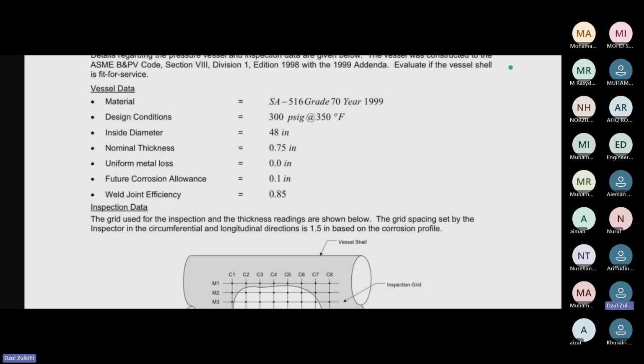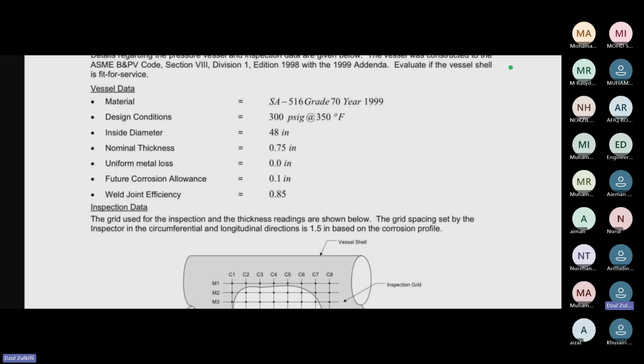So 300 psi at 100 F versus 300 psi at 350 F, a vessel at 100 F can be thinner than at 350 F, even though they contain the same pressure, because you need more thickness to compensate for higher temperature, because material becomes weaker at higher temperature. Okay, it's the basics.